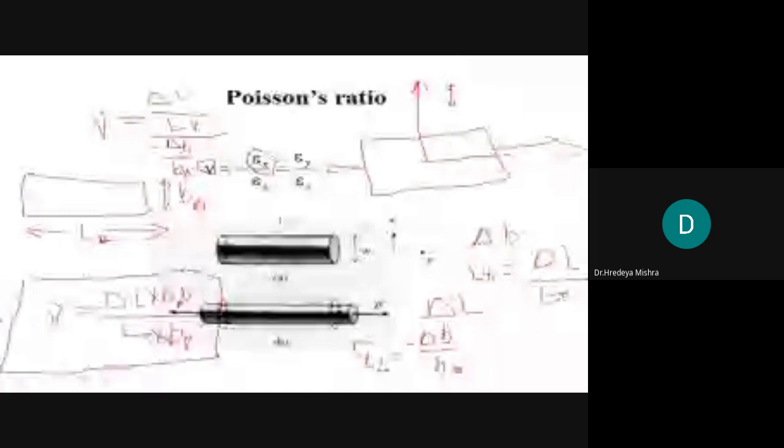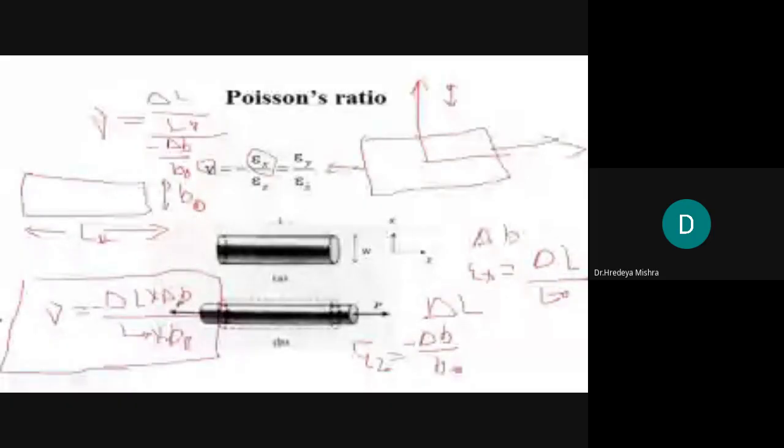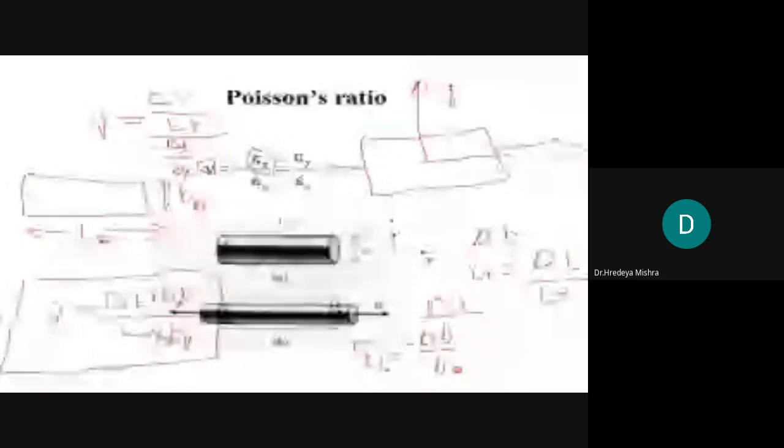The Poisson ratio is used for many problems belonging to stress and strain. So this is about simple stress, strain and the Poisson ratio.